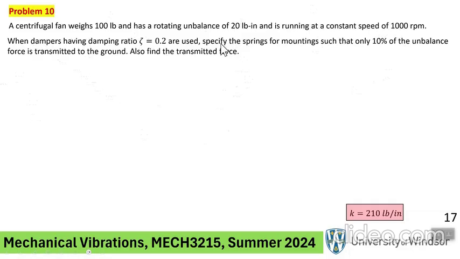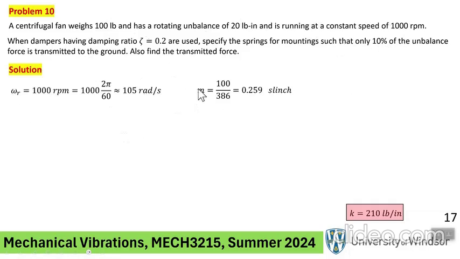But what we want to do is to find the value of stiffness so that the force transmissibility is 10%. Okay. And once we know that, we're asked to find the transmitted force.